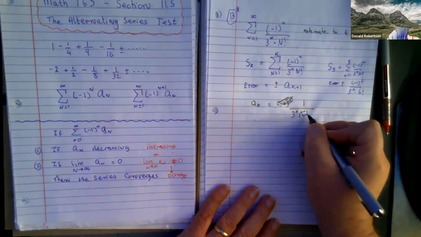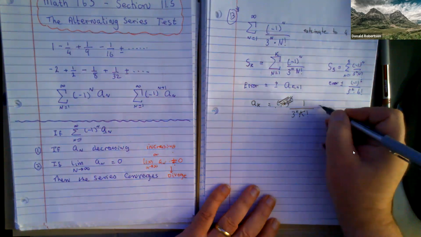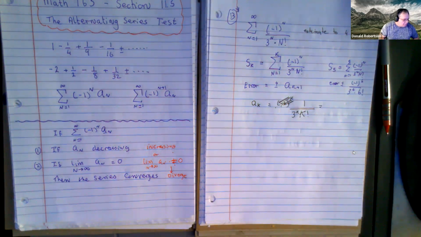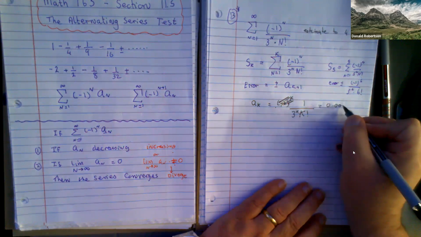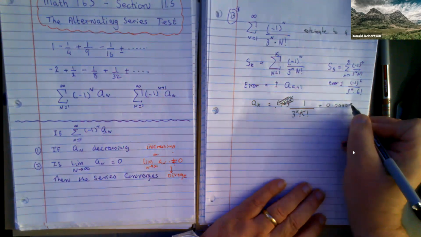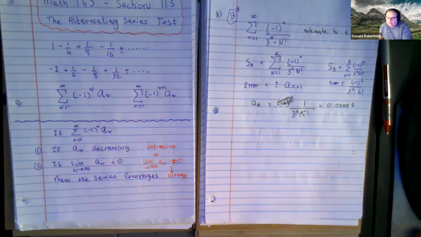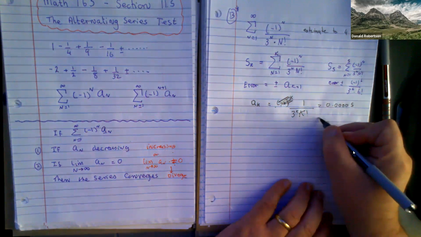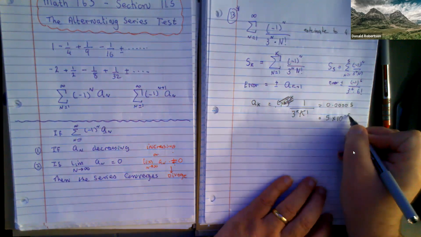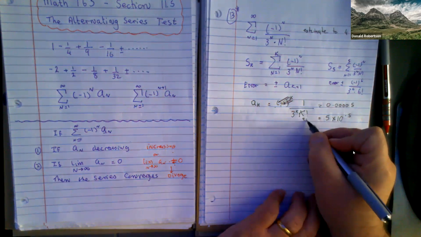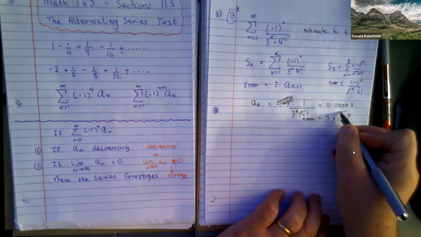That's the e to the k guy. And to 4 decimal places, you need 0.00005, because if you round something off to 4 decimal places, it's the 5th decimal place that decides whether you round up or down. Now, this is probably nicer to write down using scientific notation. So that's the error that I'm trying to find.